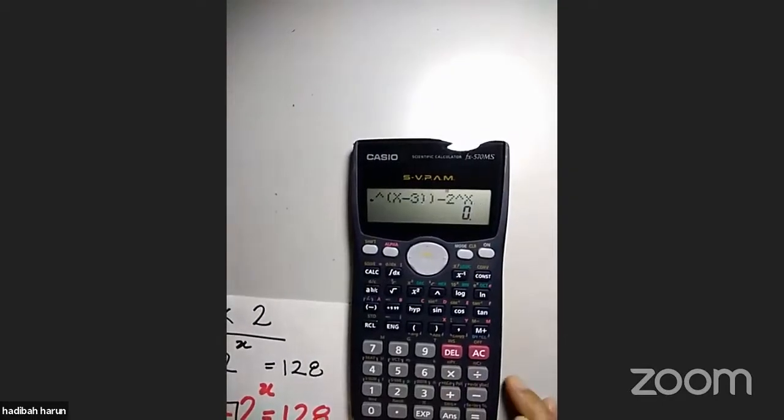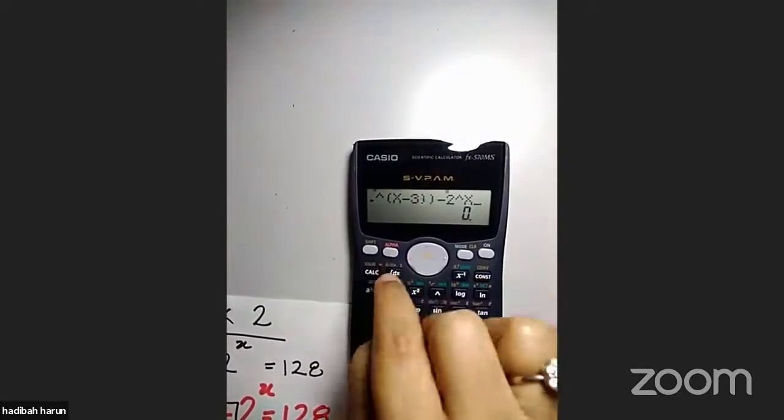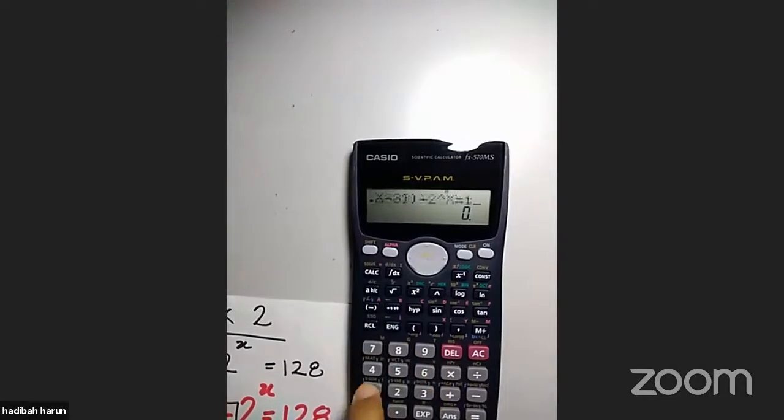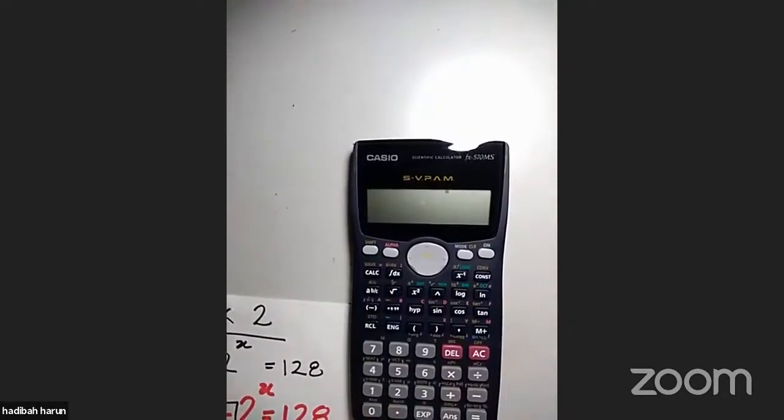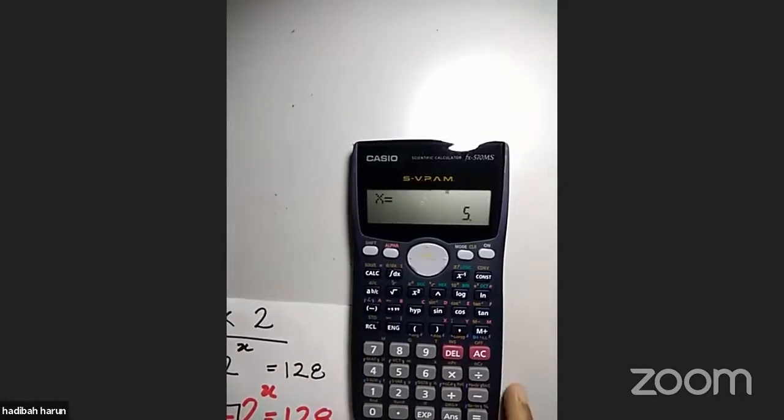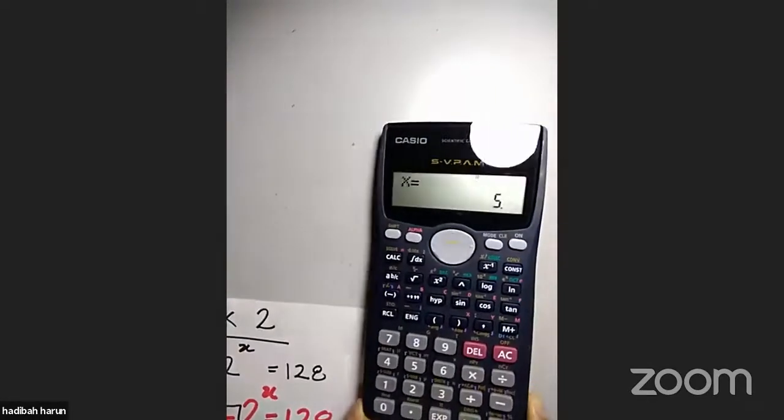Your equal sign is alpha, this one. Then shift, calculate, 0. It takes a bit longer. So x is equals to 5, as you can see.